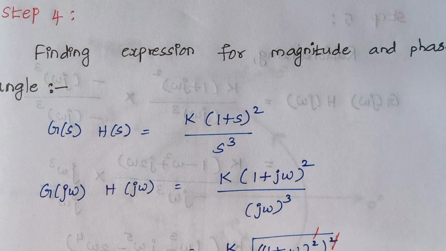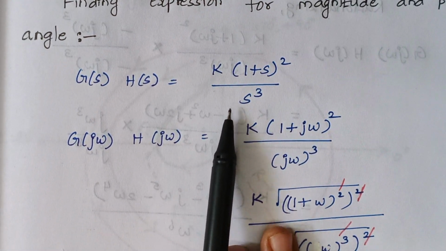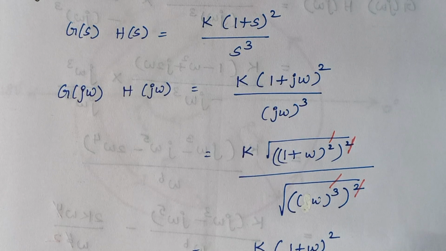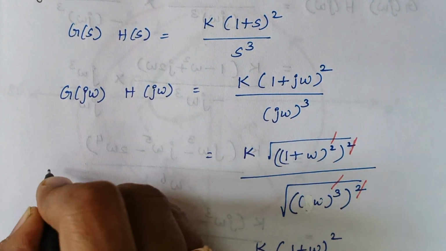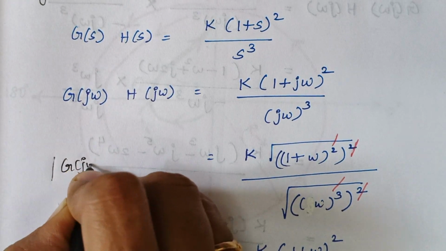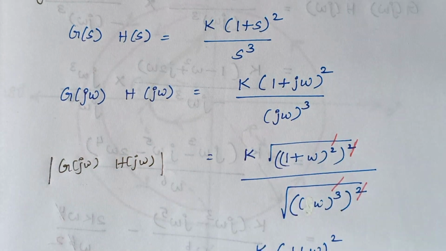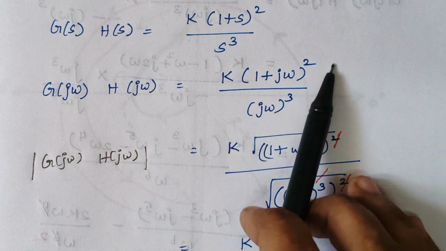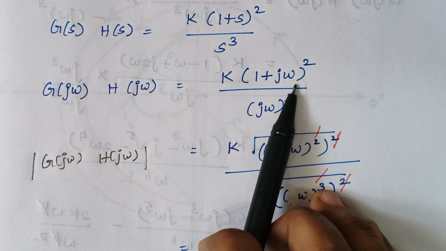Step 4 is finding the expression for magnitude and phase angle. This is the given problem. Here we are replacing S by j omega. The first step is to find the expression for magnitude. The magnitude expression is given by G(j omega) H(j omega). So it is K into, here I have to take square root as well as square the terms.